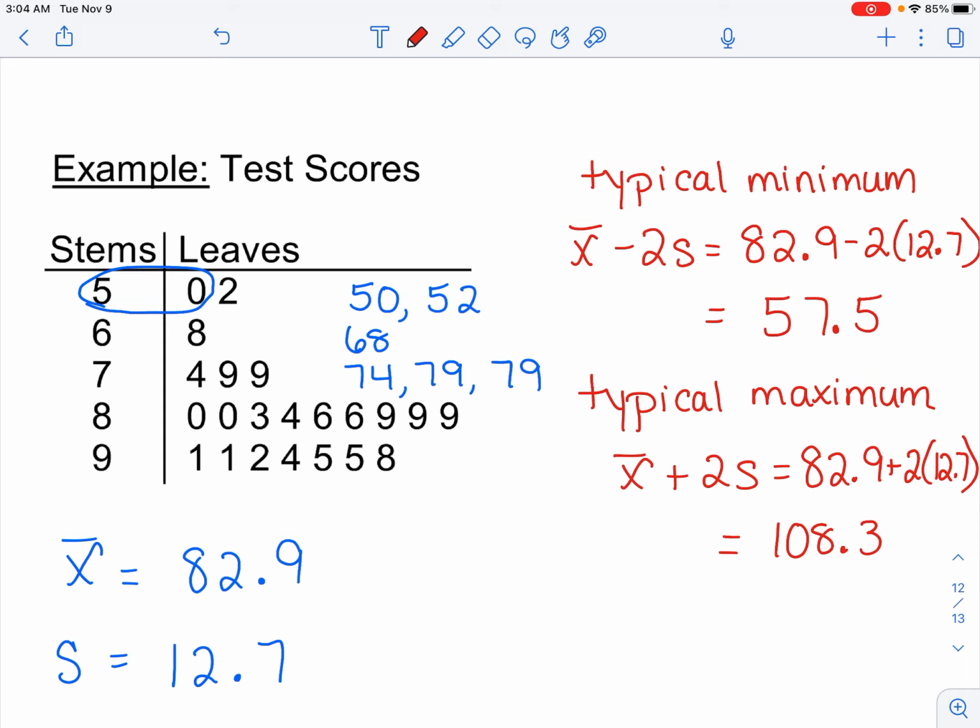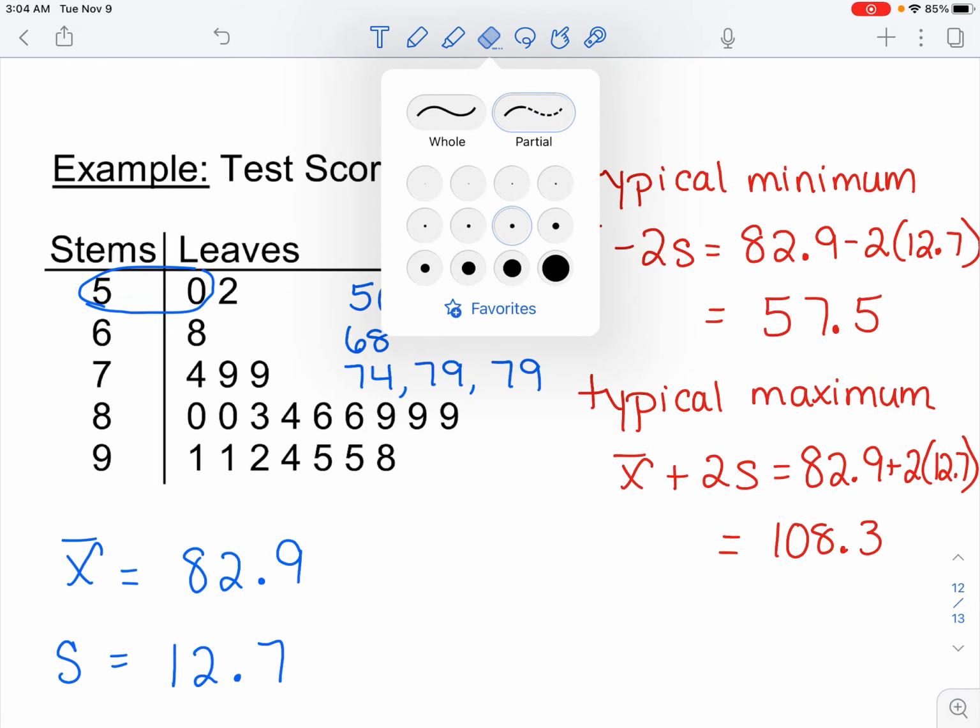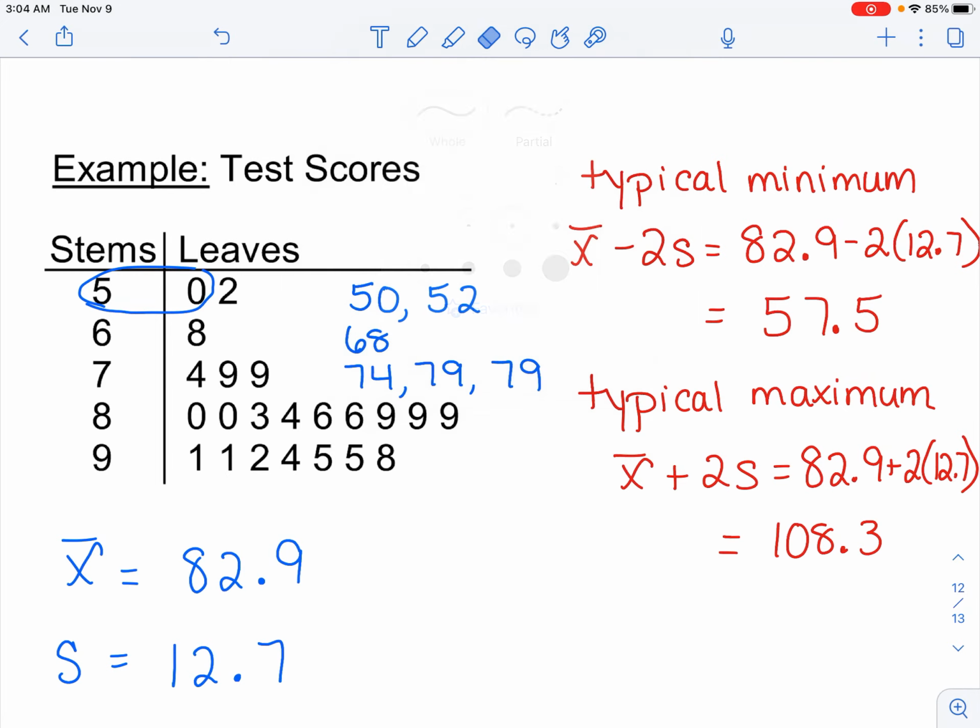So that means anything between 57.5 and 108.3 is considered a typical test score for this particular class or this data set. Anything smaller than 57.5 is going to be unusually low, and anything bigger than 108.3 is unusually high.